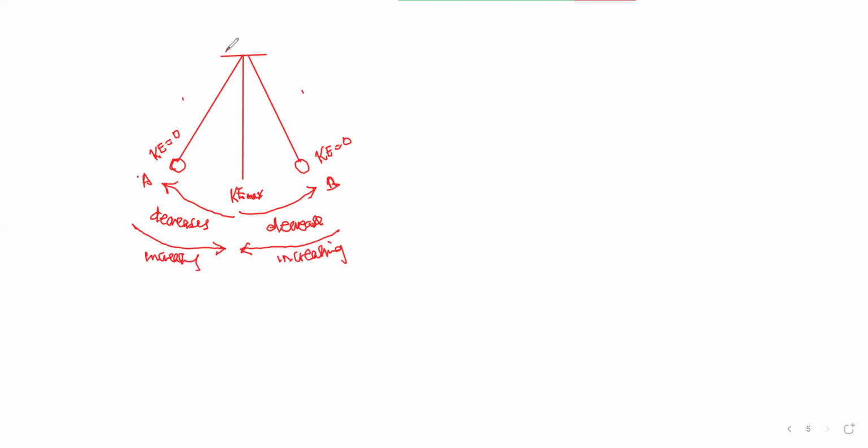Okay. Then for potential energy, let me draw a different diagram to also explain this. Mean point, one extreme, another extreme. At the rest position, PE is 0.